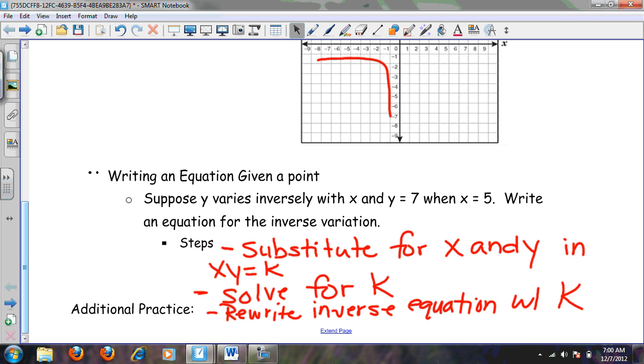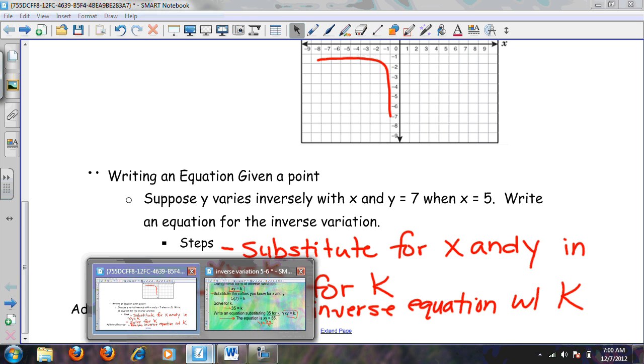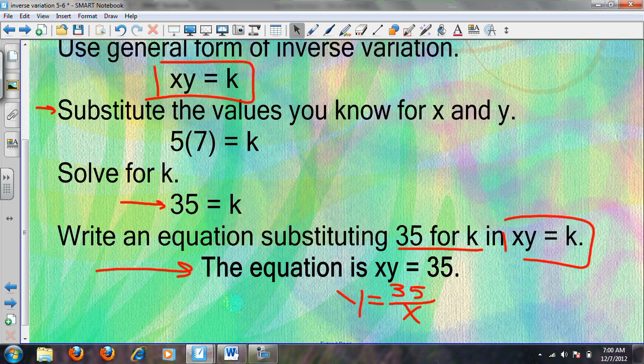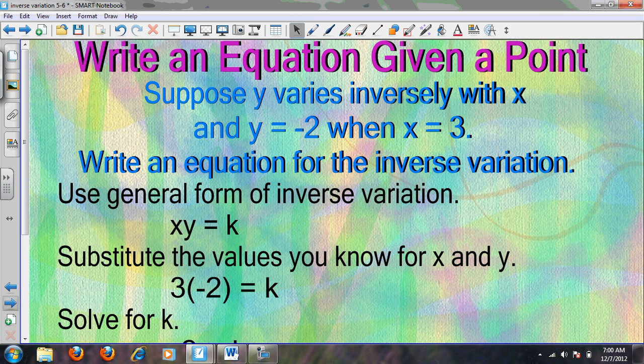All right, you have space for additional practice, so let's look at a few more practice problems here. Suppose y varies inversely with x and y equals -2 and x equals 3. Why don't you try that problem?